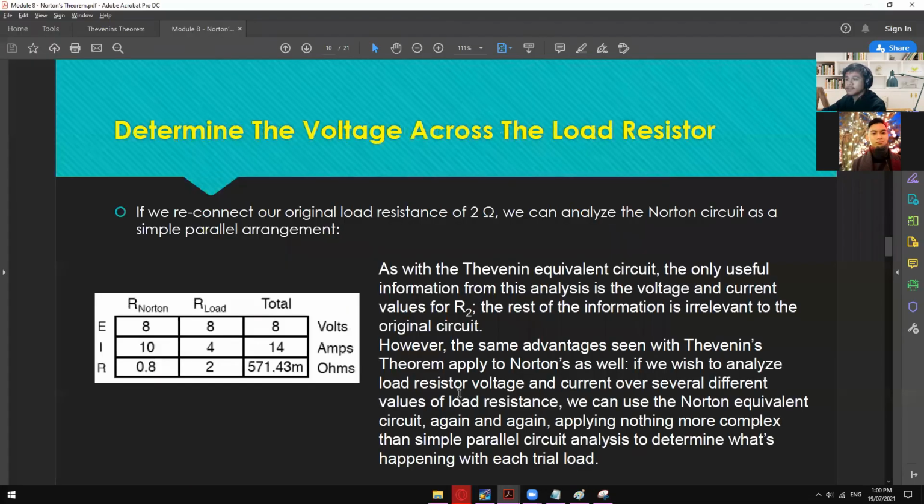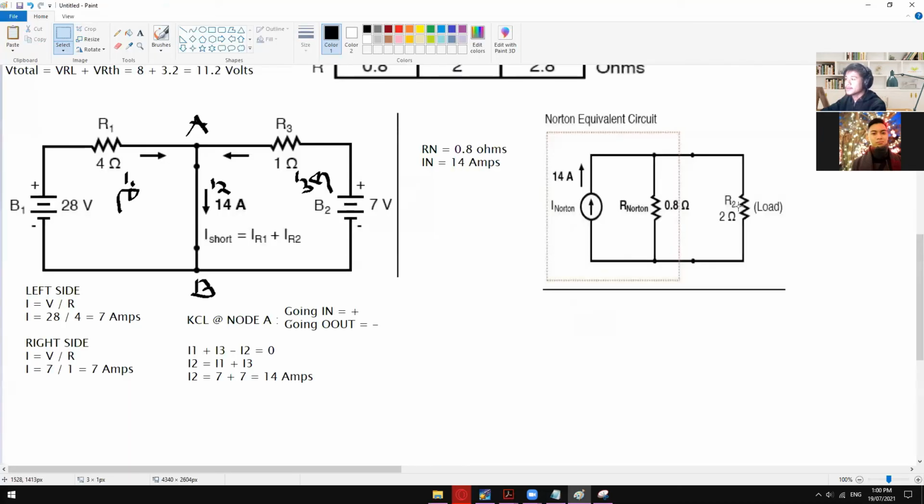After that, you will now have these given values right here, so you can find the voltage drop across R load, the voltage drop across R Norton. To do that, what can we solve right here?